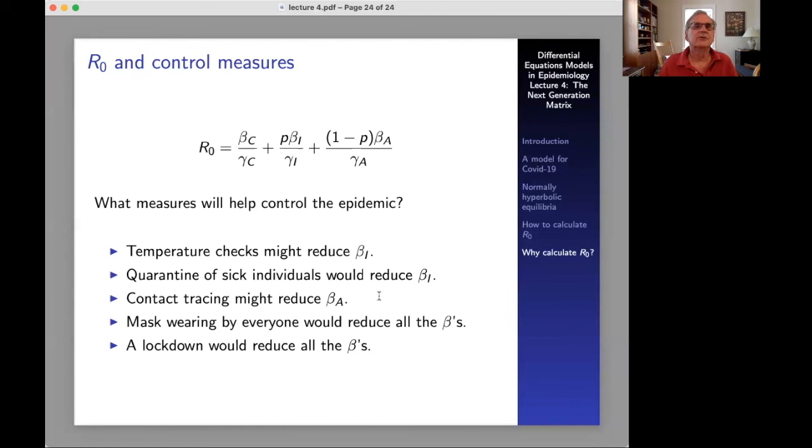Another possible control measure is encouraging mask wearing by everyone. That helps reduce all the betas, especially for the people in the contagious compartment and the asymptomatic compartment who are wandering around when they don't know they've got COVID.